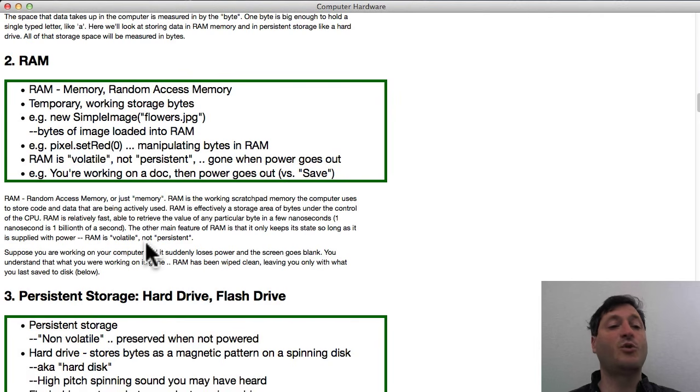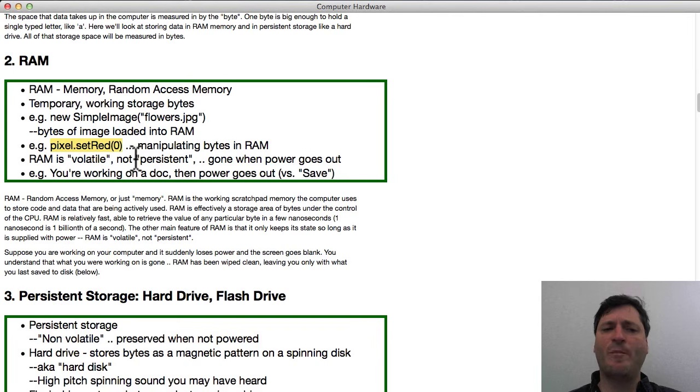So in the code, when we said something like new SimpleImage flowers.jpg, and I would say this loads the data into the computer, really what was happening is the bytes of that data were being loaded into RAM. And then once they were in RAM, the CPU could do operations on them. So when you wrote code like pixel.setRed(0), really that was going into RAM and manipulating the data, actually making a change. So all that sort of active stuff happens in RAM.